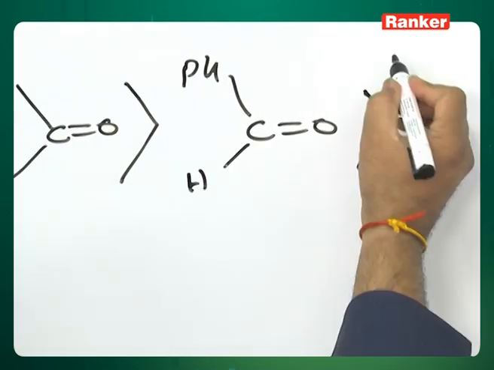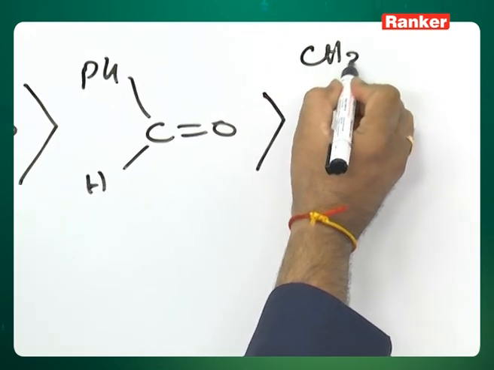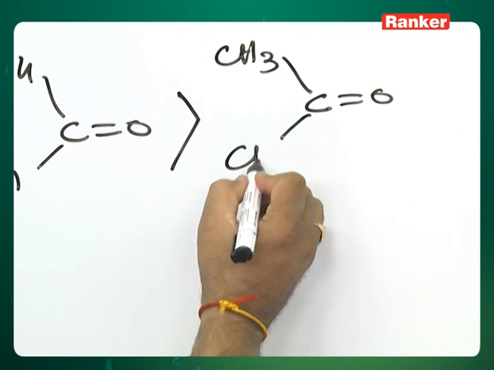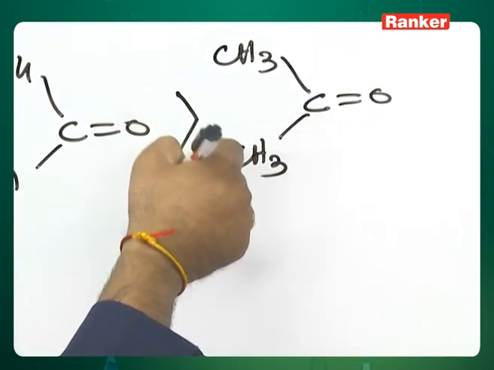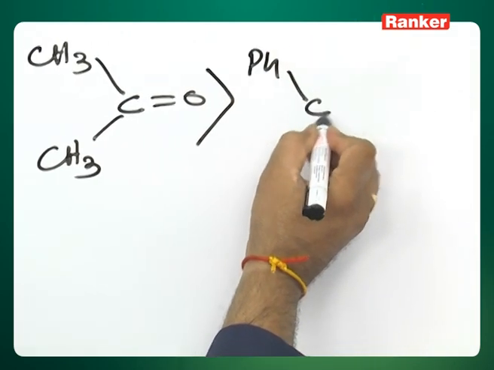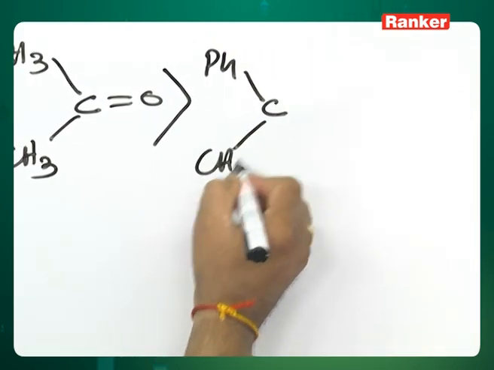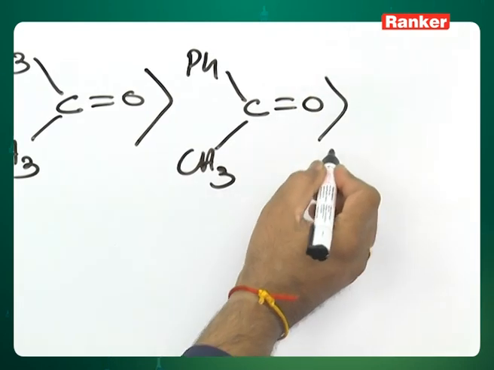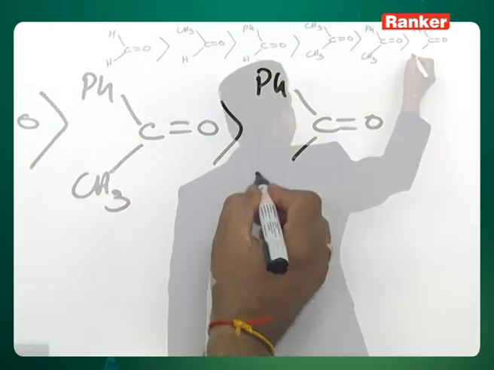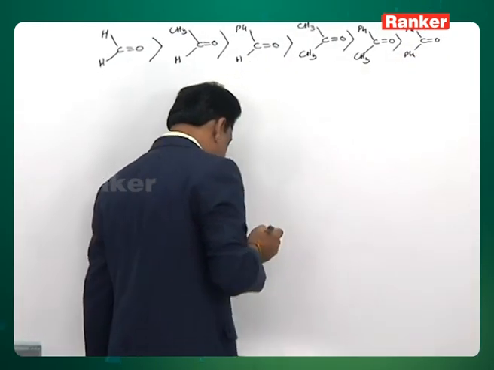Then the set of ketones: in the ketones let us have one methyl and another also methyl, two methyls containing dimethyl ketone or acetone. Then comes the one phenyl and one methyl containing ketone. Then comes both phenyls. So, at the end we have two phenyls containing.